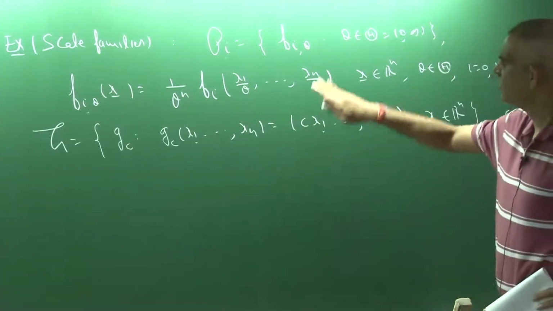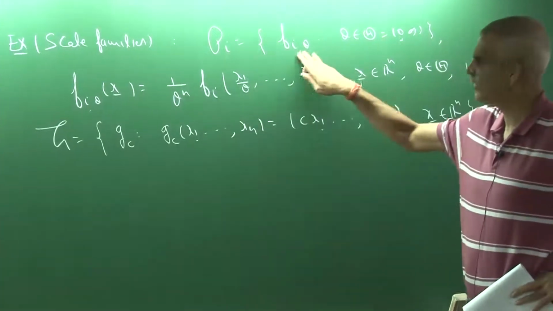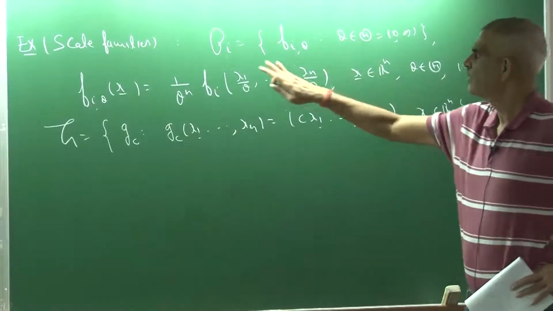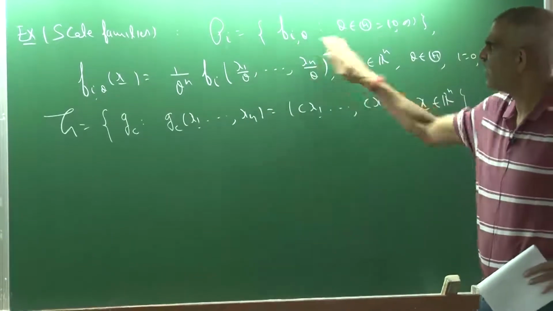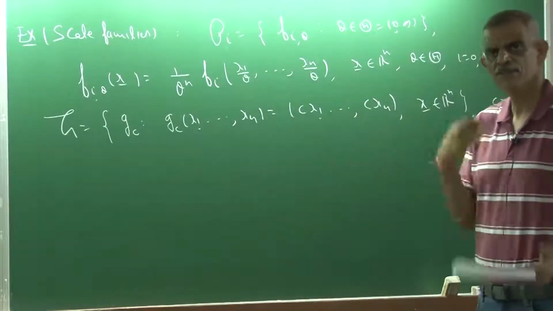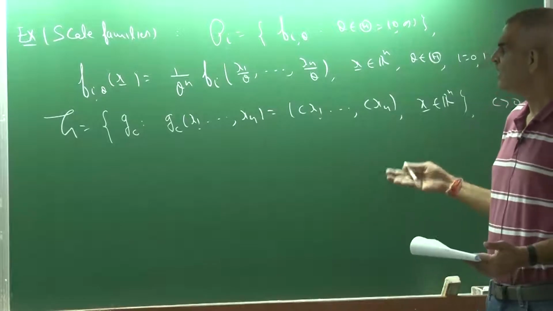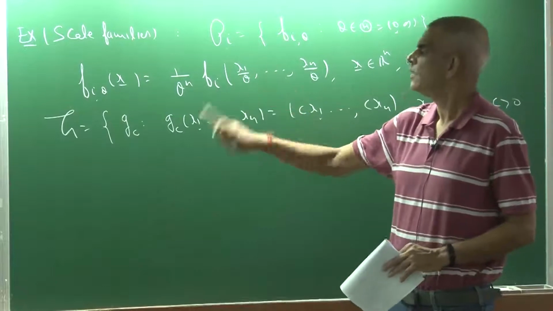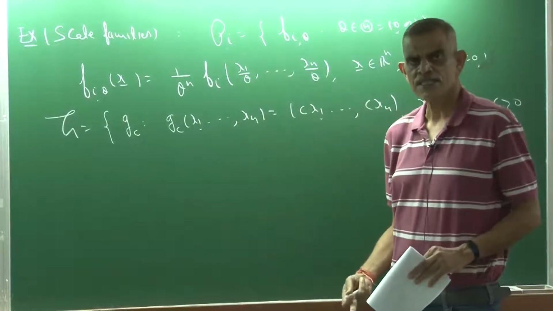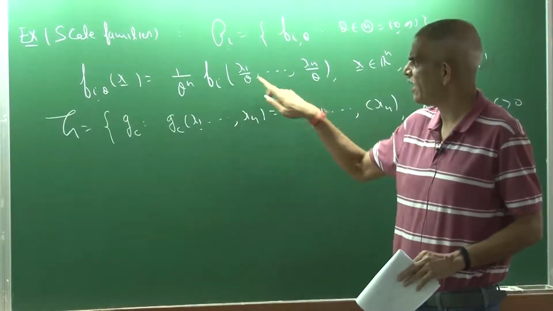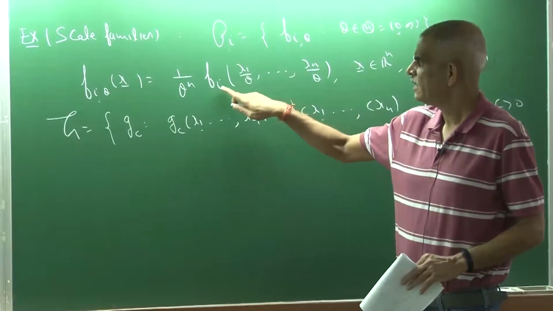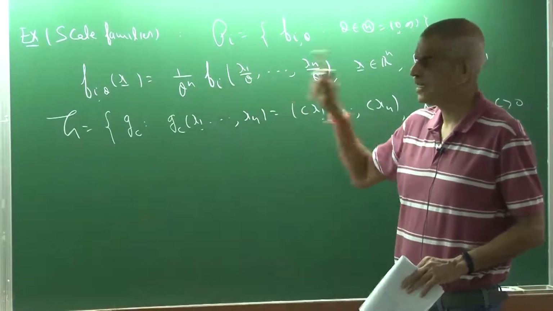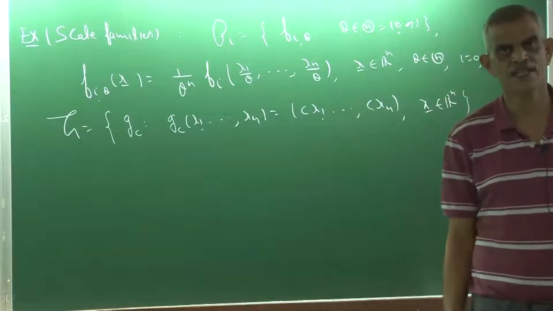So whether you apply this G to P0, which is some scale family, or P1, which is again some different scale family, P0 and P1 would be invariant under G. That means if x has a distribution in P0, that means F0 would be here, Y equal to gC x would again have a distribution over here, except that this Fi remains the same. This theta just gets changed to C theta.